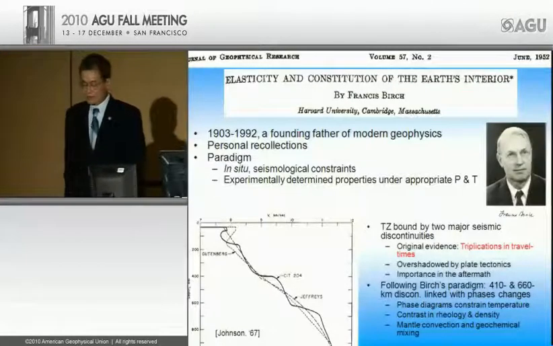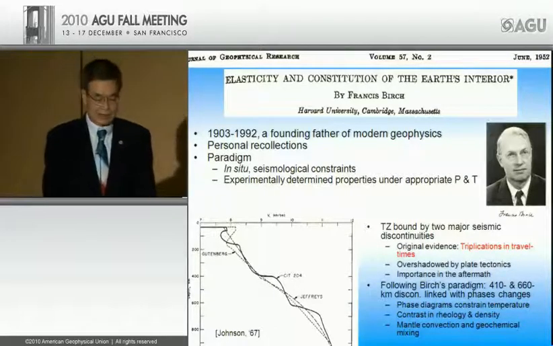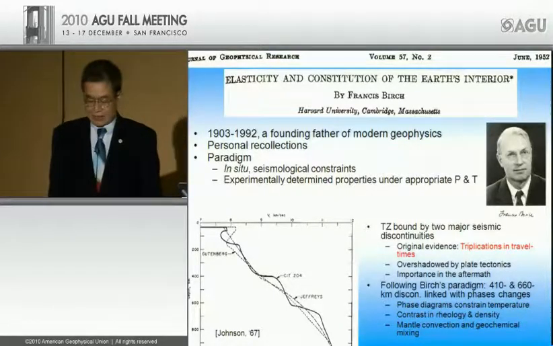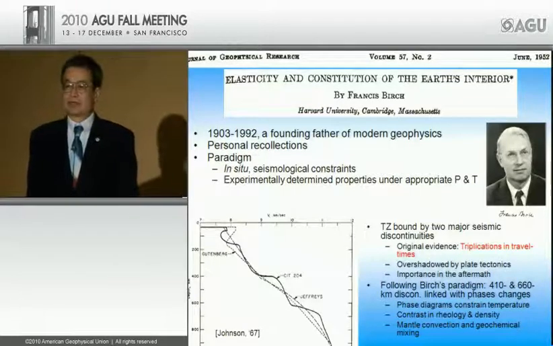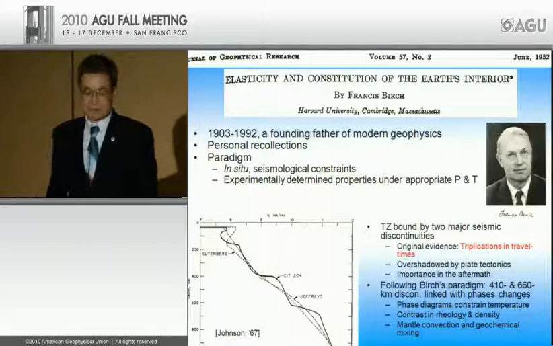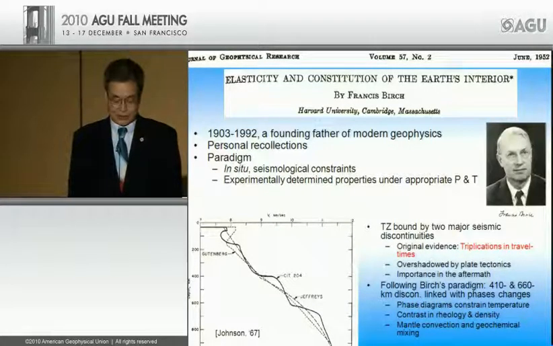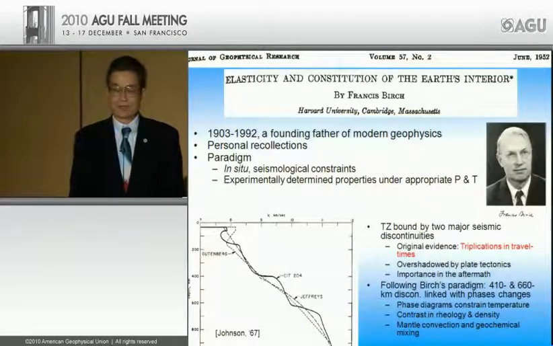Francis Birch needs no introduction, nor does his landmark paper in 1952. I was required to read this paper when I was a senior in college, and it blew me away. Little did I know that I would actually have the opportunity to meet Francis Birch in person in a few years.